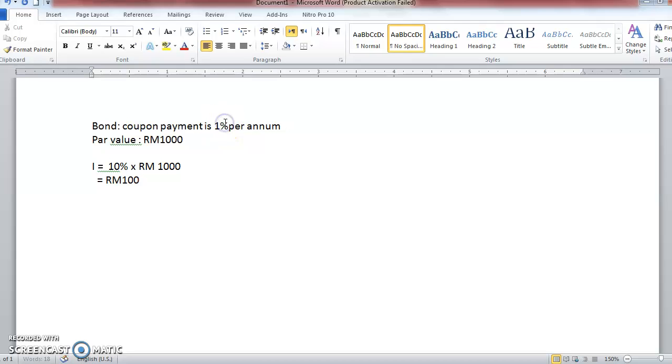So kalau we change over here 6%, you dah tahu dah dekat sini mesti RM60. Makin lama you buat, makin banyak soalan bond yang you buat, you akan familiar dengan how to get the coupon payment in RM. Okay, so this is the kind of example dulu.